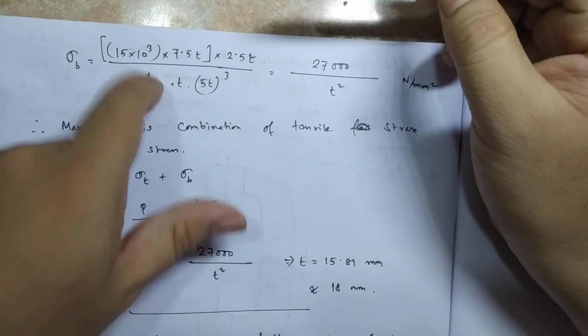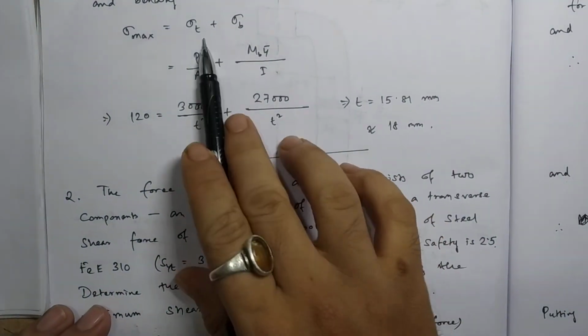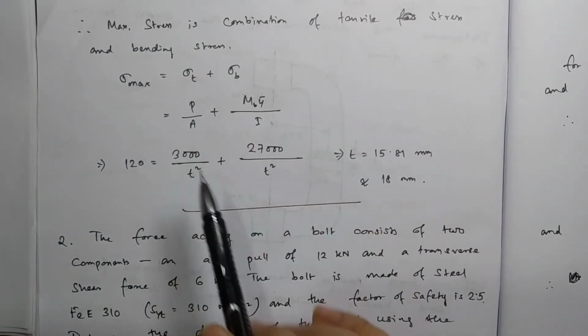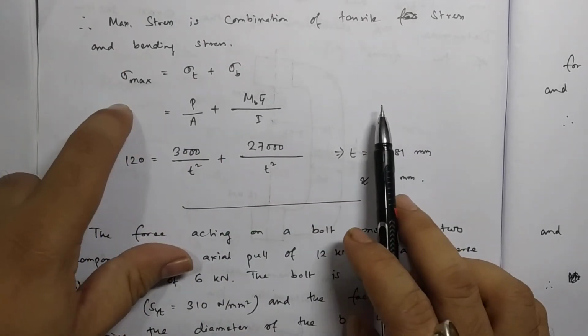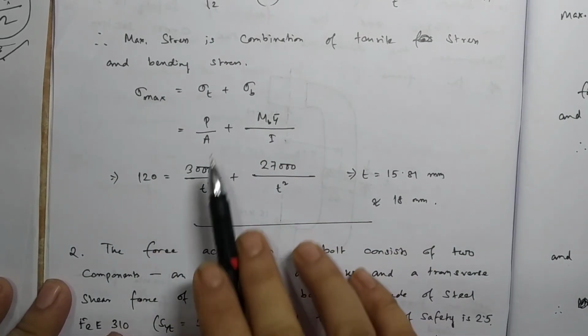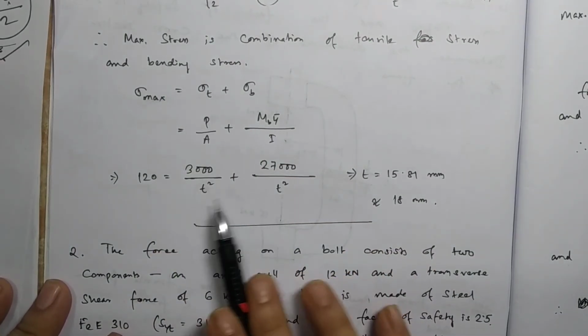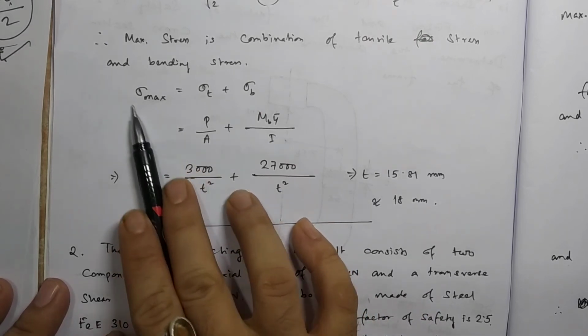Now simply you have to combine them: add them together, this plus this. This is the maximum value of your permissible value, which we are not crossing. The meaning of this is what dimension will give you the permissible value.